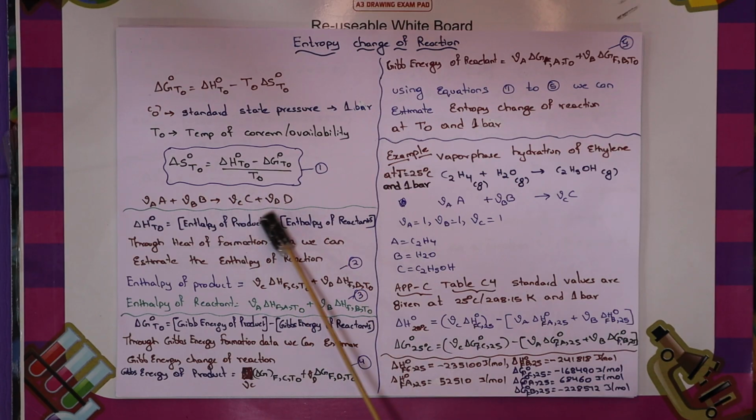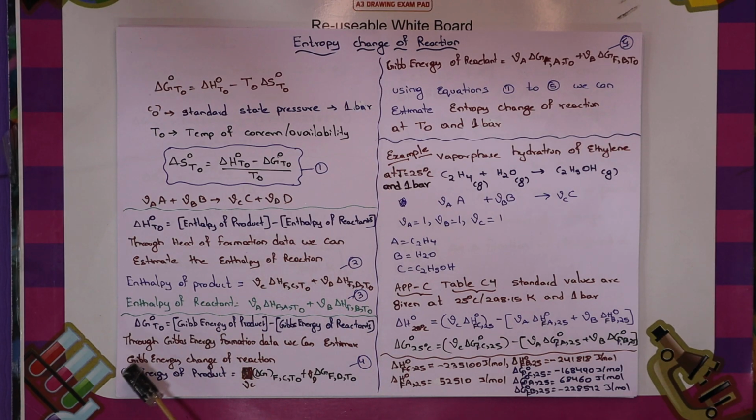So the total enthalpy of the products is the stoichiometry coefficient of C multiplied by the heat of formation of C, plus the stoichiometry coefficient of D multiplied by the heat of formation of D. Similarly, the enthalpy of the reactants is the stoichiometry coefficient of A multiplied by the enthalpy of formation of A, plus the stoichiometry coefficient of B multiplied by the enthalpy of formation of B. That means enthalpy of formation information gives the value of the enthalpy of the reaction. If you do products minus reactants, you get the information.